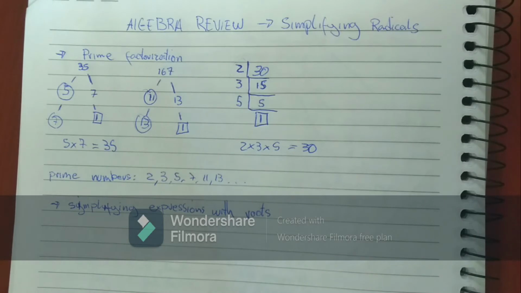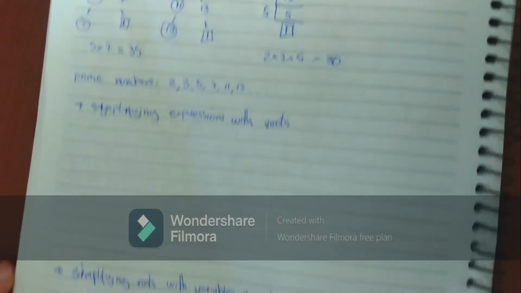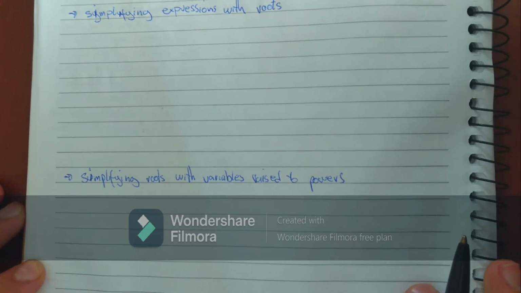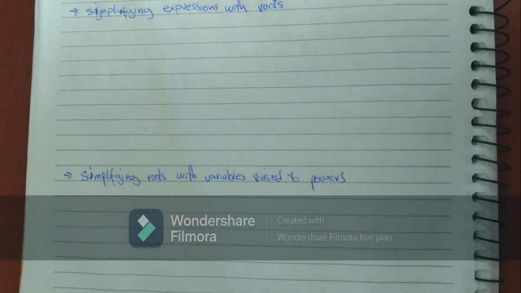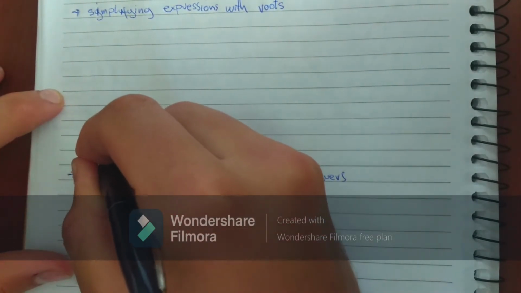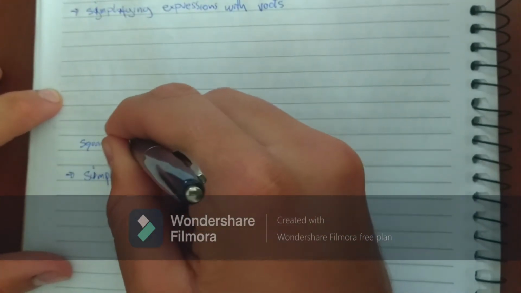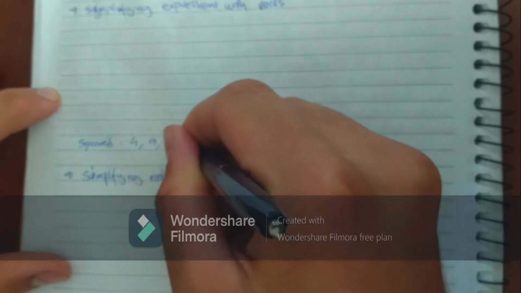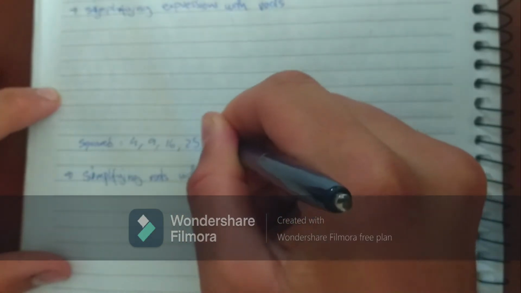Now we'll be going to some simplifying expressions with roots. The easiest way to do this is to first list the perfect roots. So if we have square roots, what's 2 squared is 4, 3 squared is 9, 4 squared is 16, 25, 36, 49.